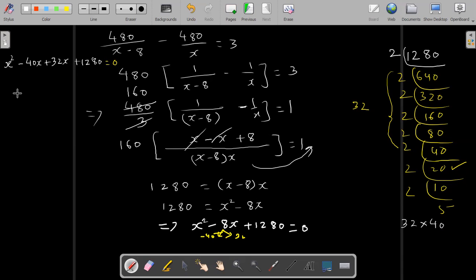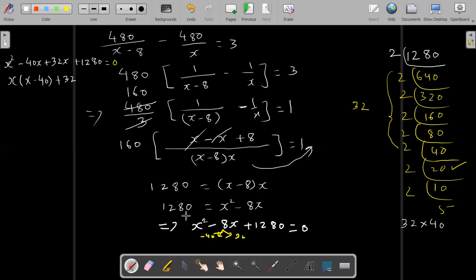So now you can get common. x is common. x minus 40 plus 32 is common. Minus 40 plus 32 is minus 8. 32 into 40. Here we are getting x plus 40.